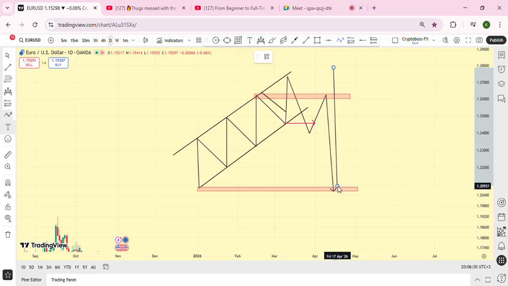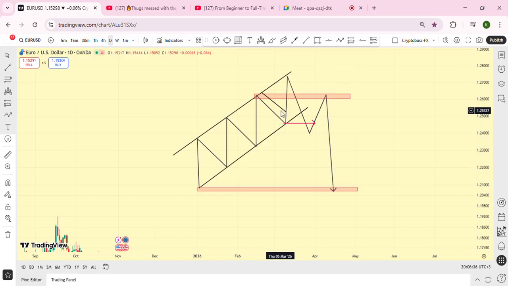Sasa. Now, how can you enter such trades? How do you enter these kind of trades? Remember, these are reversal patterns. But for you to take an entry on this, you need other reversal patterns inside this one.